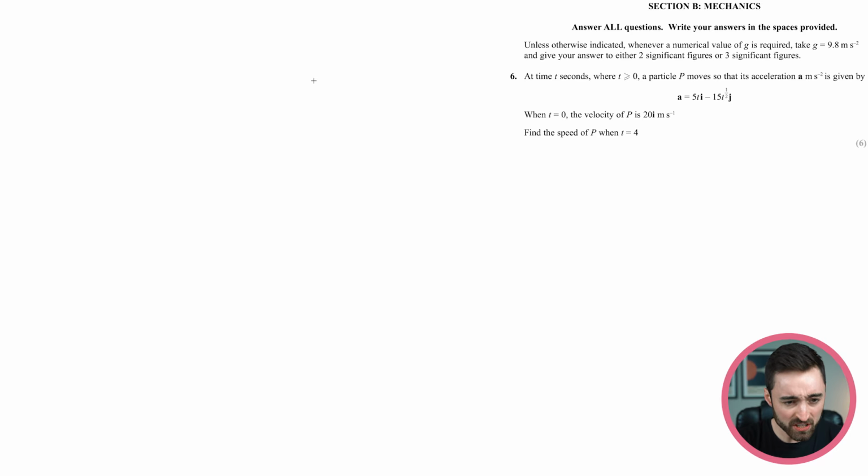So, the first thing we need to think about is the relationship between acceleration and velocity. So, the relationship between all of them, right? I've got my displacement, we can call it r, we can call it s. Differentiate that, I get my velocity. Differentiate that, I get my acceleration.